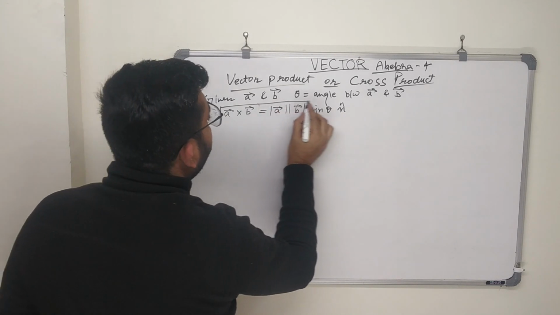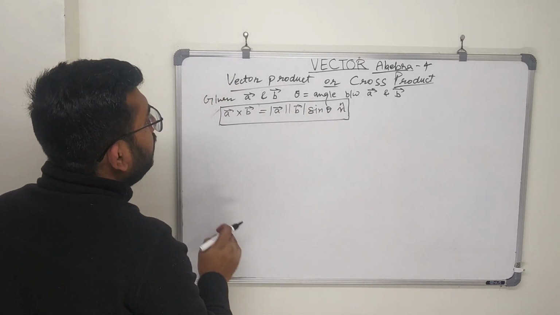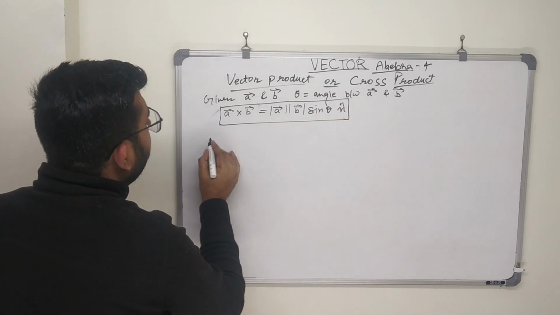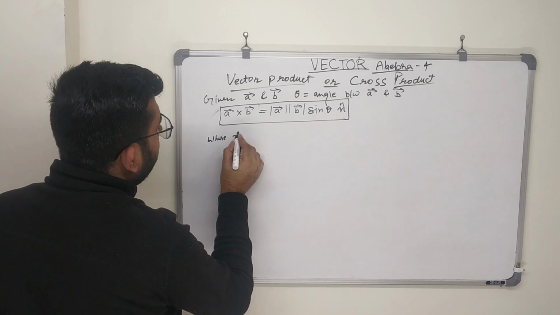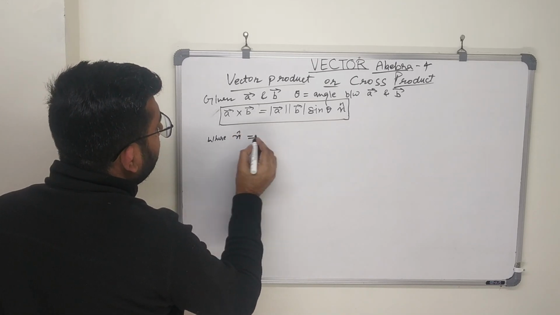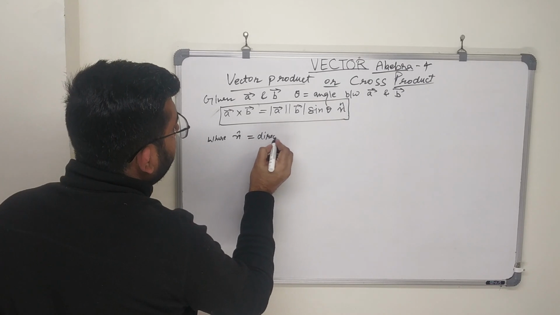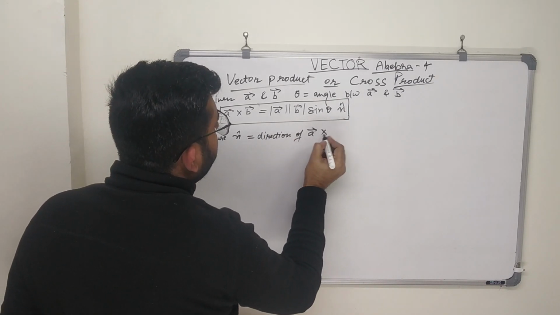So this will be the cross product of A vector and B vector, where n cap is the direction of A vector cross B vector.